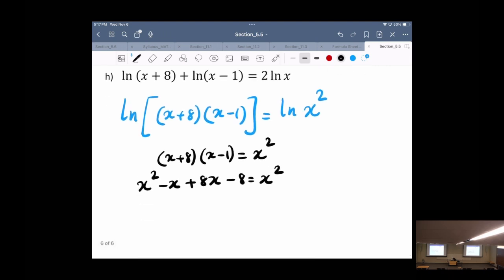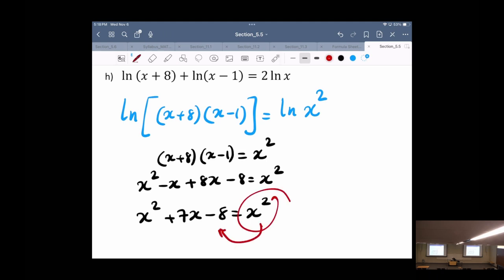And then combine these x terms together. What do we get? We get x squared plus 7x minus 8 equals x squared. But something interesting happens, because if you move this x squared from right to left, it'll get canceled with this one.